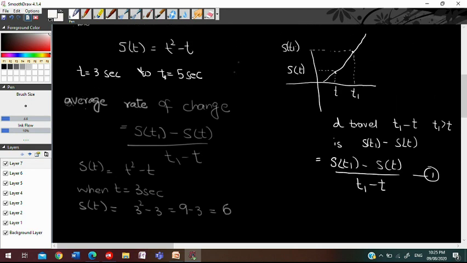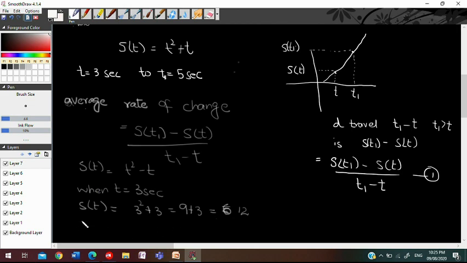Here we have t square plus t. So 3 square plus 3, 9 plus 3, it's not 6, here you have 12.